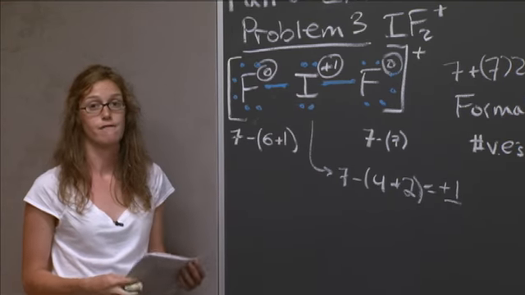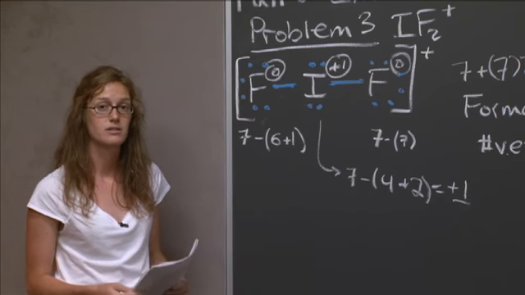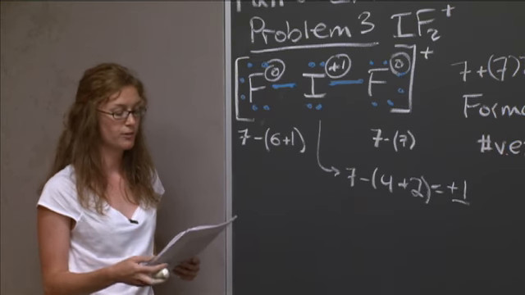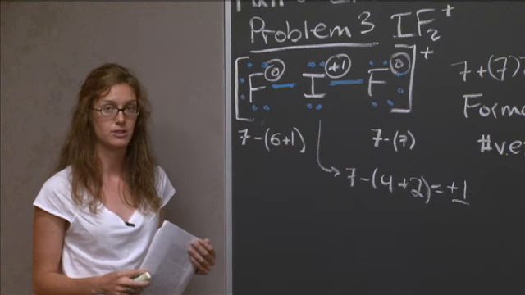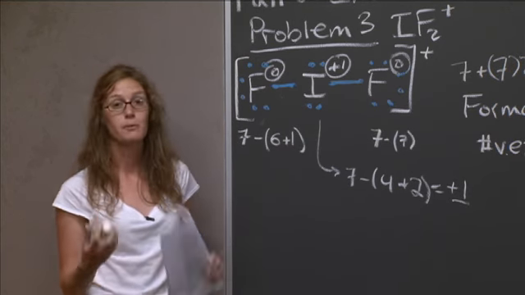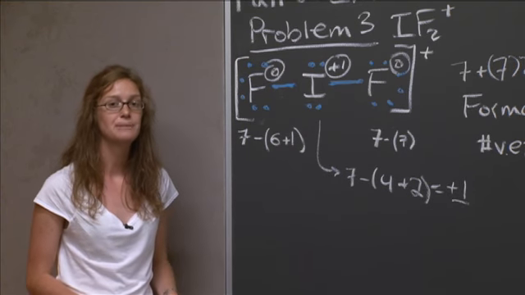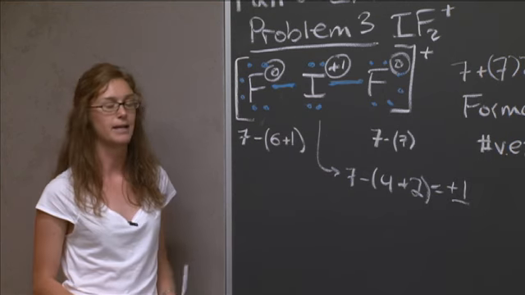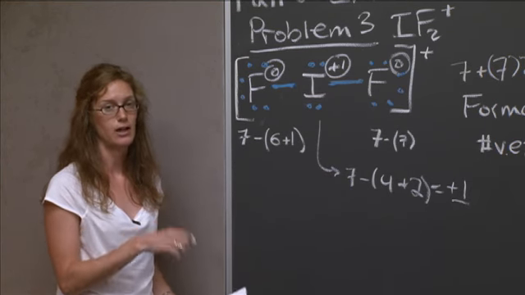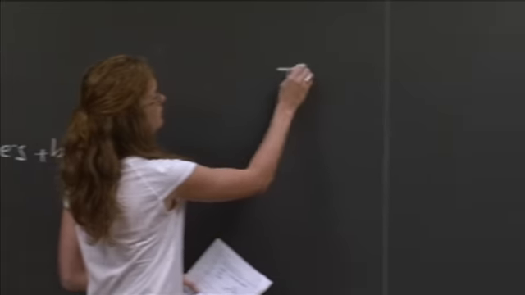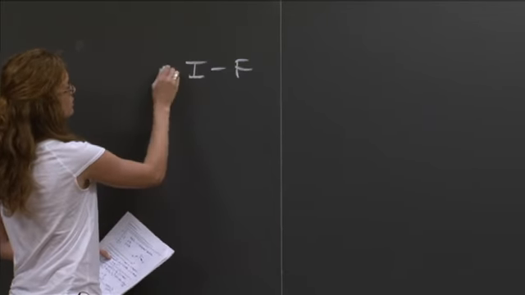This is not, however, our final answer, right? This is the Lewis structure, but the question asks for the molecular geometry to be represented. So if we remember how we determine molecular geometry, we need to look at the number of electron domains around the central atom. So we're going to move over here, and I'll redraw our Lewis structure.